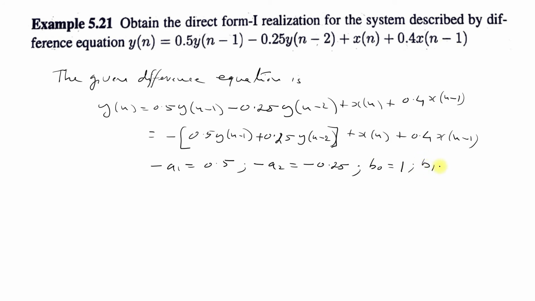Then b1 equal to 0.4. Now look at this equation on the input side: x of n plus 0.4 x of n minus 1. So on the input side we have a single delay element. If there is a single delay element, first you draw two adders.